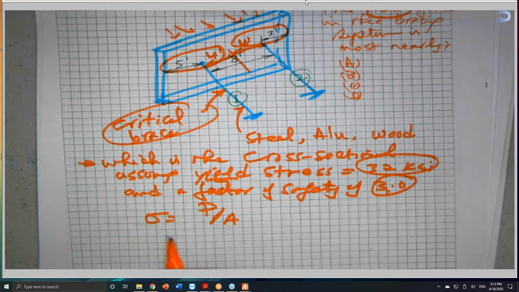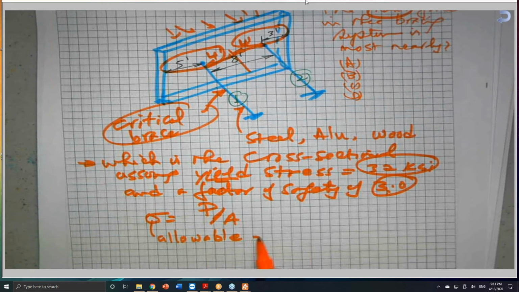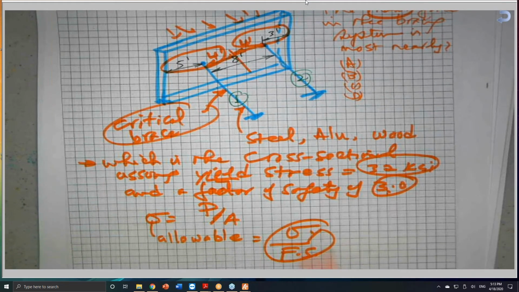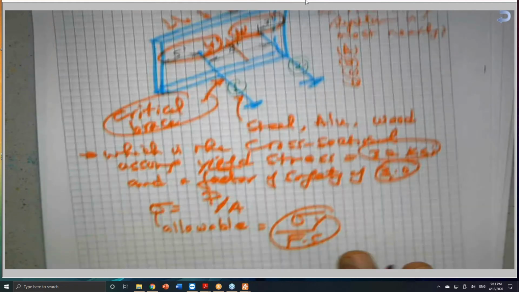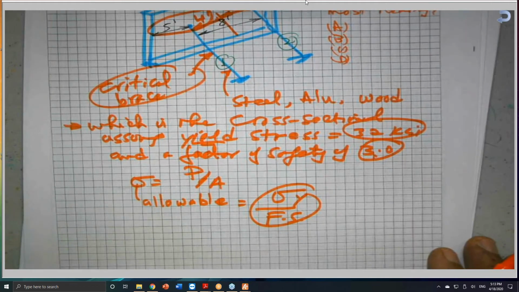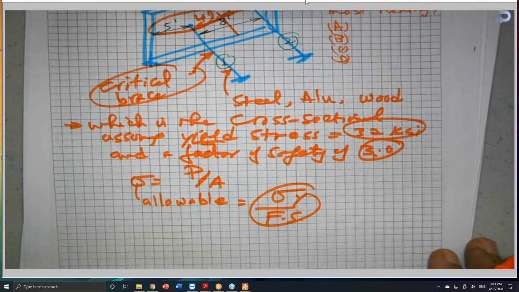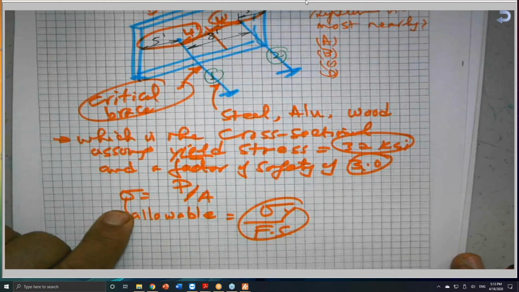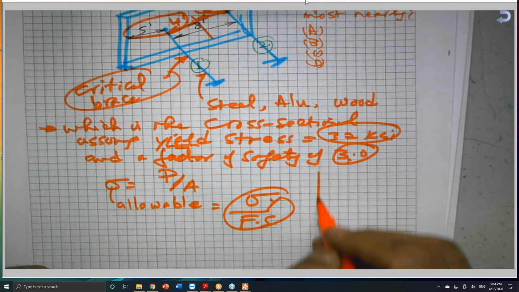But this sigma here is sigma allowable, the allowable stress, which is equal to sigma yield divided by the factor of safety. So I need to reduce the stress by the factor of safety.